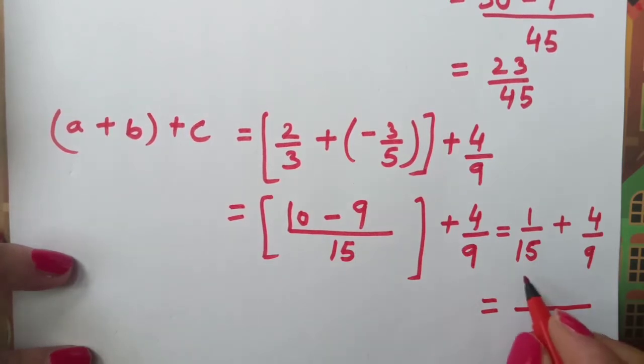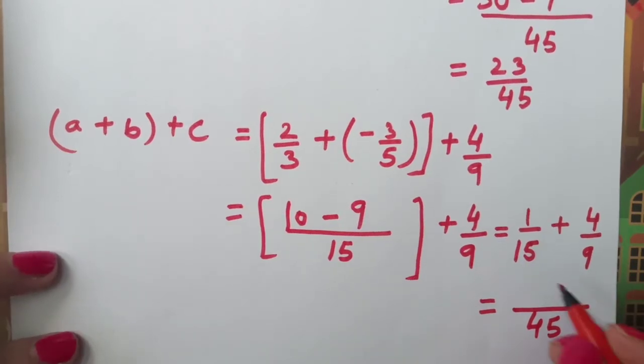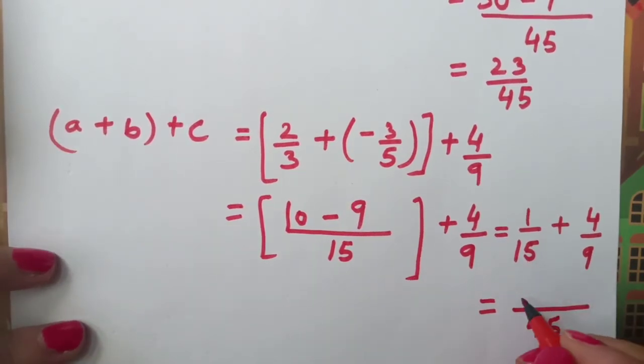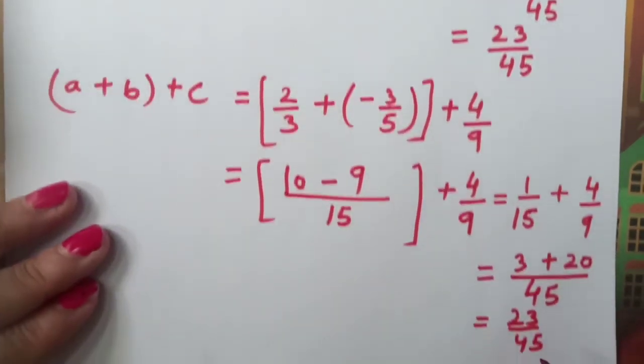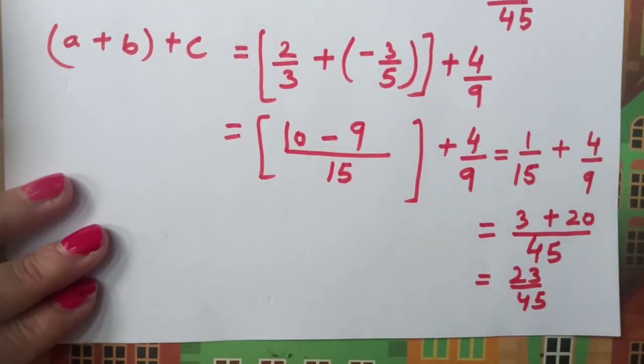The LCM of 15 and 9 is 45. 15 3s are 45, 3 plus 9 5s are 45 and 5 4s are 20. So the answer will be 23 by 45.